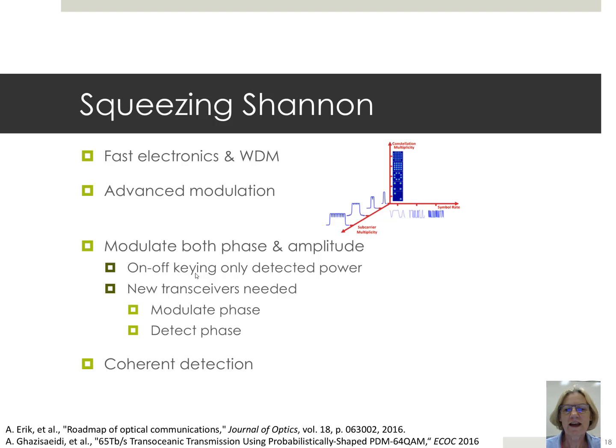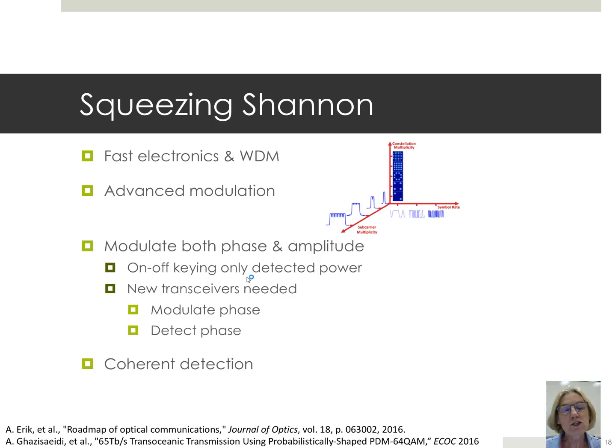Now instead, with advanced modulations, I'm going to play with the electric field of the signal being transmitted and manipulate both the phase and amplitude in order to imprint the data that's going to be communicated. This way, instead of having just a binary level to only be able to send a 0 or a 1 in a given interval of time, I can send out much more information by exploiting the phase and the amplitude.